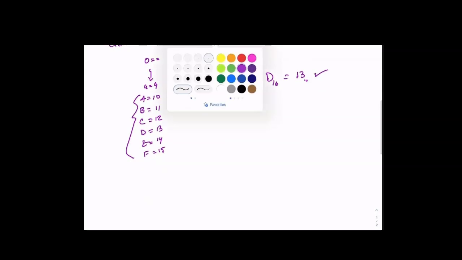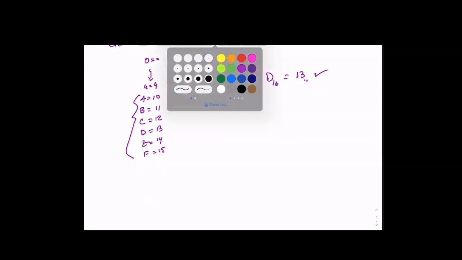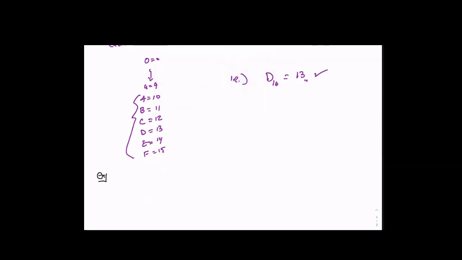Okay, so let's do an example. We're going to convert the following hexadecimals to their decimal form, and this is all you're going to be doing for your homework.